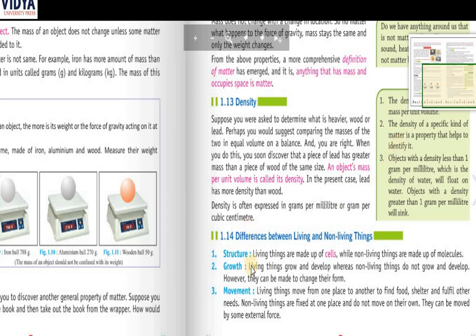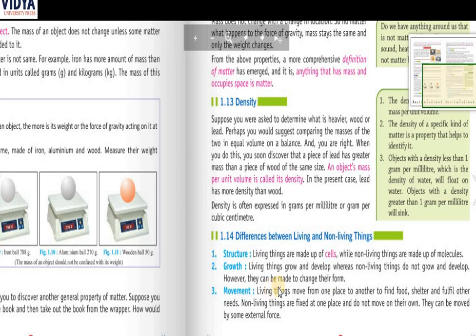Now let's move forward. Differences between living and non-living things. Structure. Living things are made up of cells, while non-living things are made up of molecules. Second, growth. Living things grow and develop, whereas non-living things do not grow and develop.